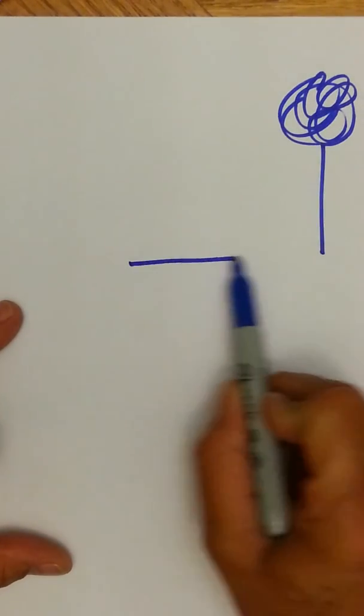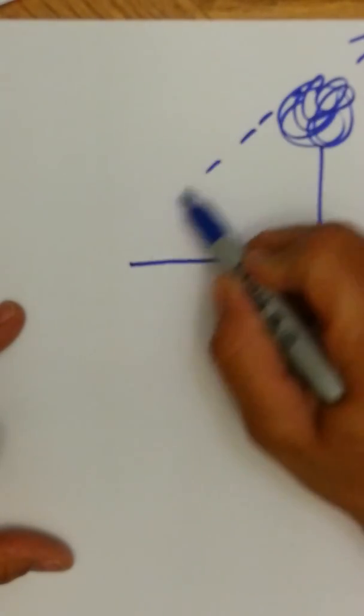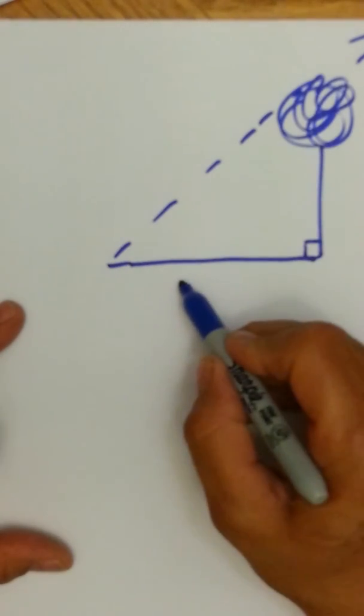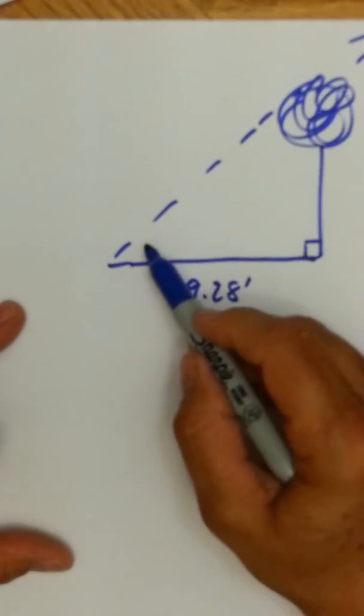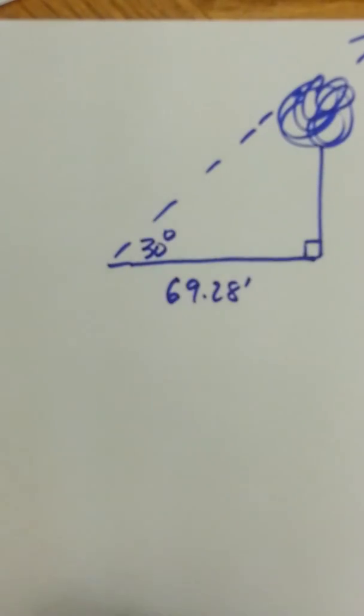Let's suppose I had the same problem. I have a tree. I know that the shadow the sun casts from the tree is 69.28 feet, and I sight the top of the tree to be at 30 degrees with an instrument.